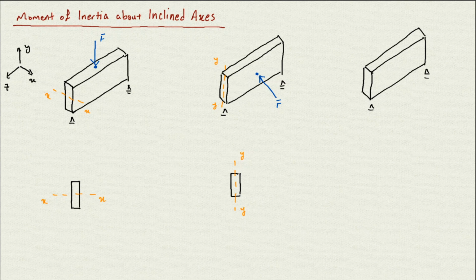Now assume for the third case, I have a force that is not parallel to either x or y. I apply the force somewhere here, and it's not parallel to either the x or y axis, so I apply the force like that. It's not parallel to x, y, or z.